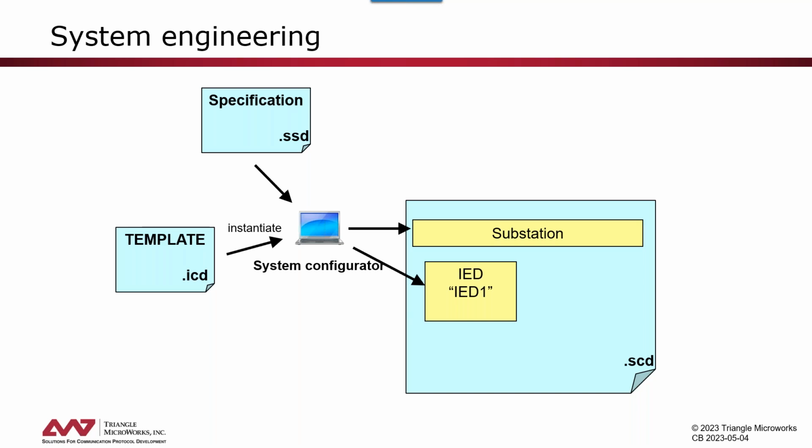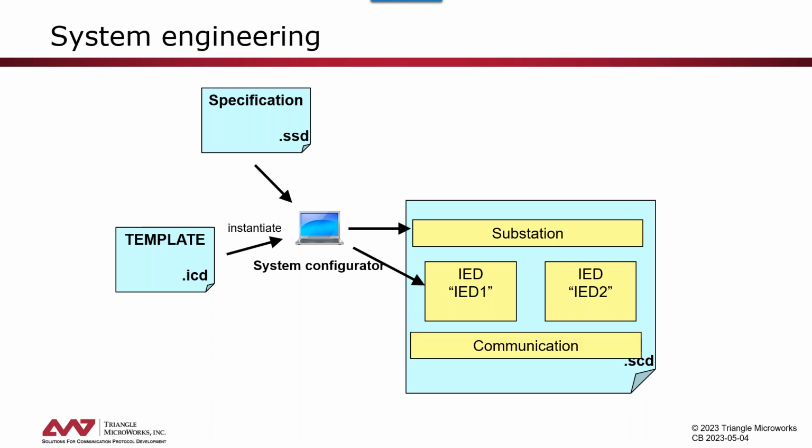They are all identical in their models. So we import the ICD file for the bay controller, create the first instance and the second instance for each of the bays, and give them unique names. And as mentioned at the end, we also configure the communication section, which then adds this communication section to our SCL file.